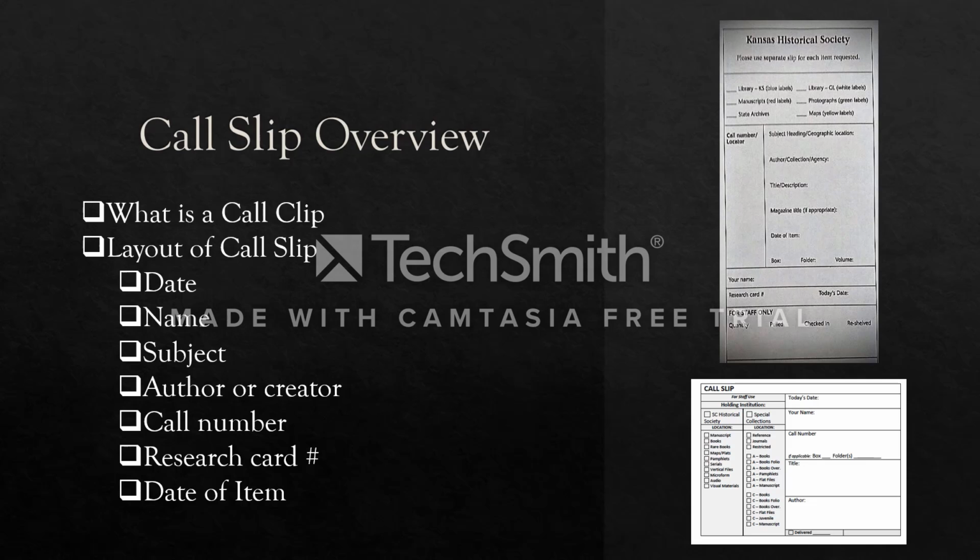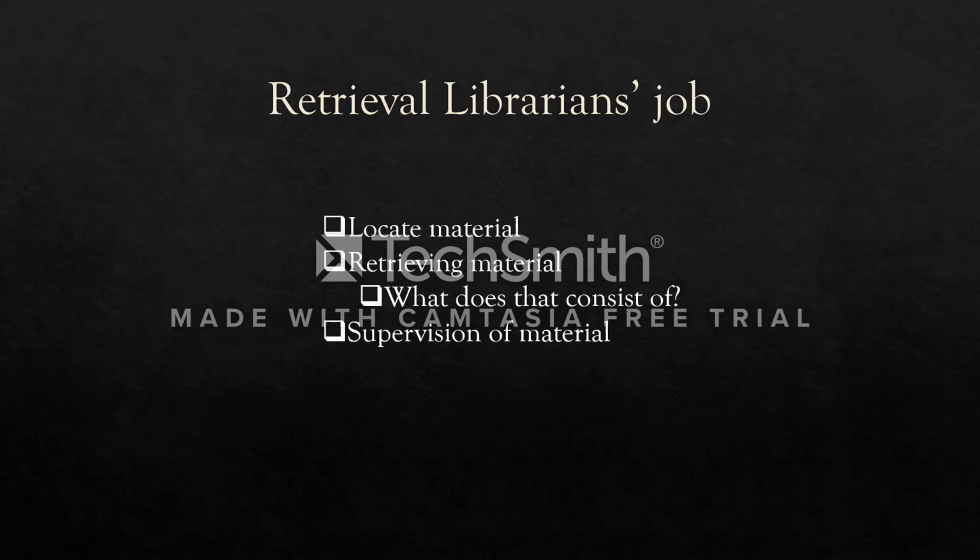However, the most important piece of information that needs to be filled out is the call number of the material. This is most important because it allows the librarians to find the exact materials for the researcher.